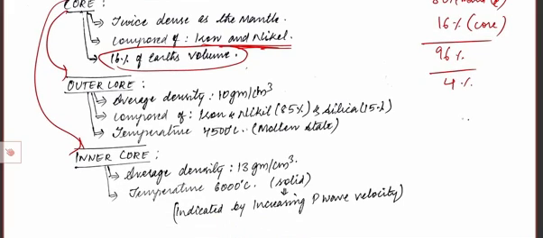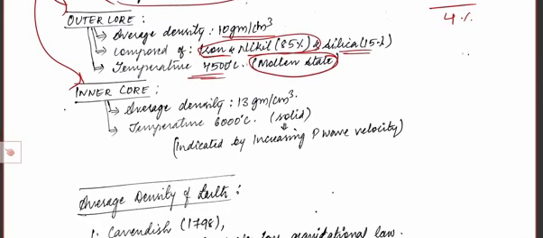The outer core has an average density of 10 grams per centimeter cube, composed of iron and nickel 85% and silica 15%. Temperature is around 4500 degrees Celsius and it is in a molten state, which we have discussed in our diagram.